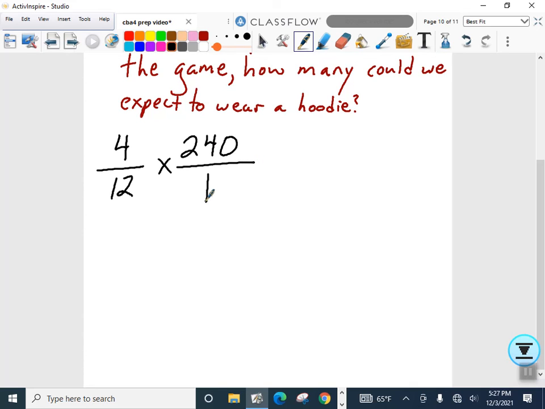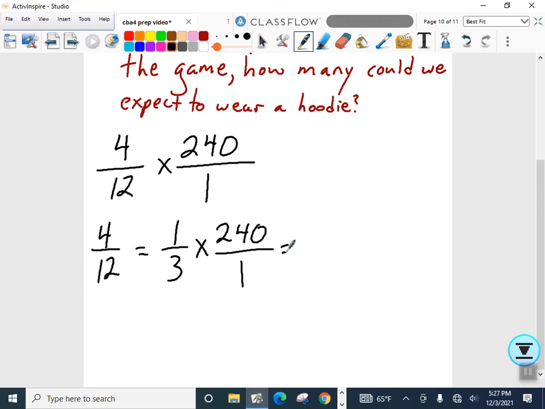over 1. So, probably the easiest way to handle this, we could go ahead and cross cancel and all that. But to me, 4/12, it's easier to just simplify that fraction and then take that fraction times the 240.